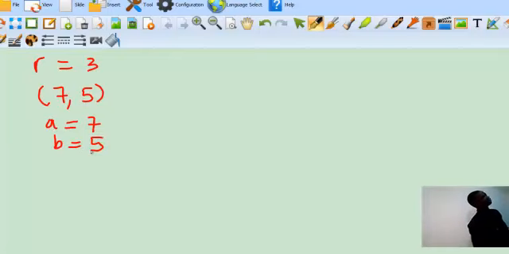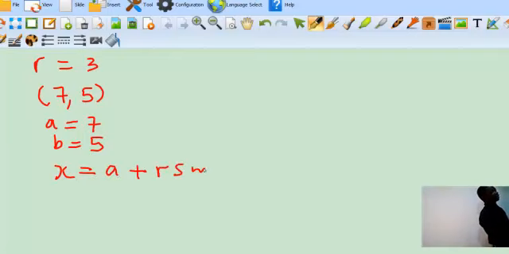Now, substituting all these values into the parametric equation, do not forget that X is equal to A plus R cos theta, while Y is equal to B plus R sin theta.